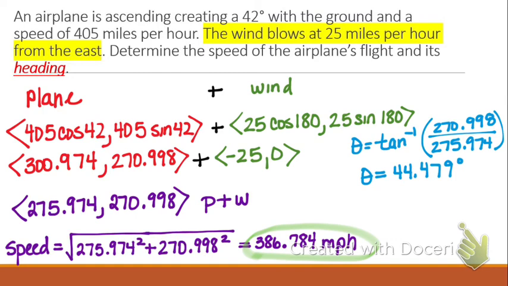So to find your heading, we need to subtract that angle from 90. So heading is going to be 45.521 degrees. And that would be your heading.